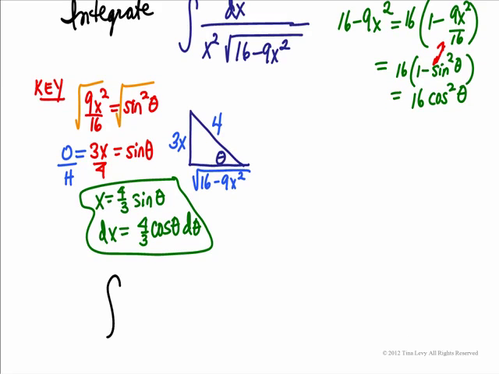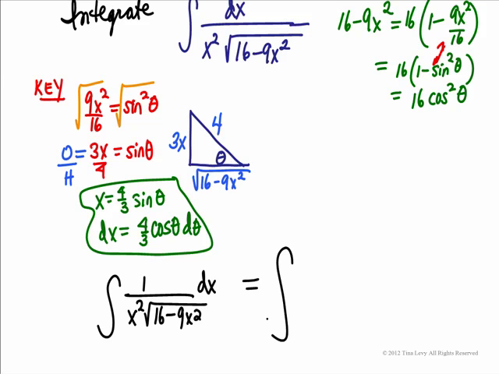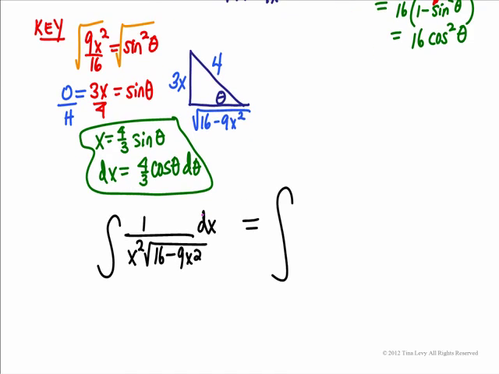Now we're going to write that the integral of, it's really 1 over x squared radical 16 minus 9x squared dx. And now we're going to do our substitution. Working this substitution, we have the dx is just 4/3 cosine theta d theta.